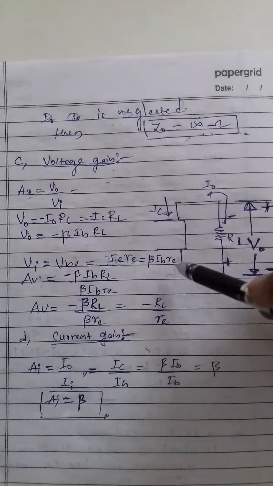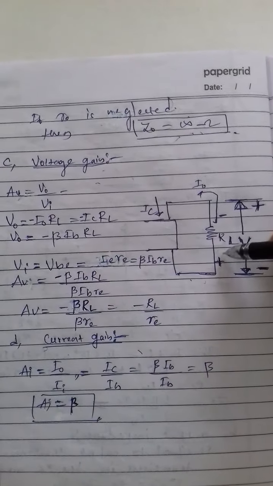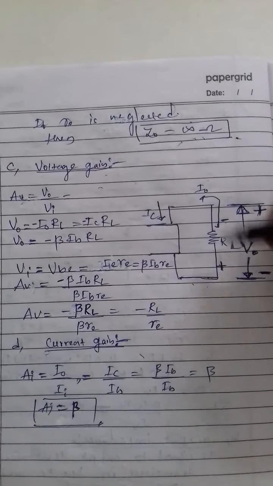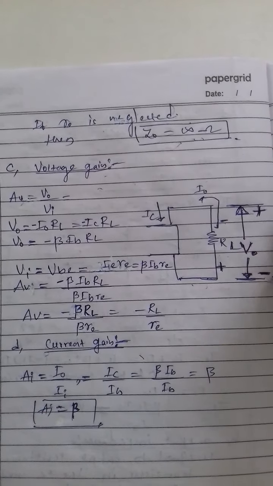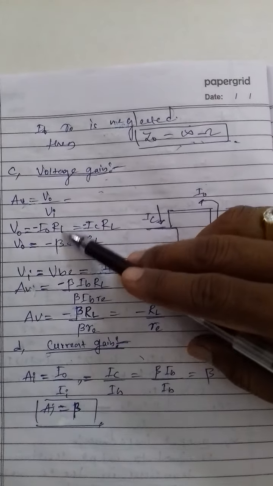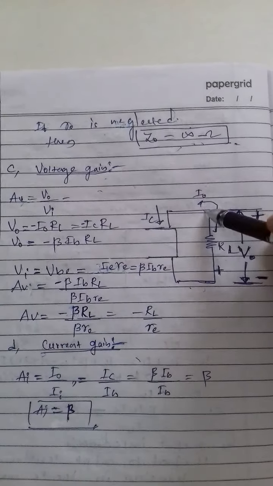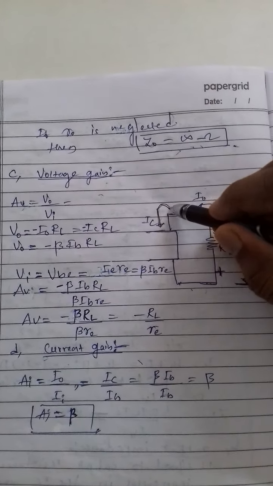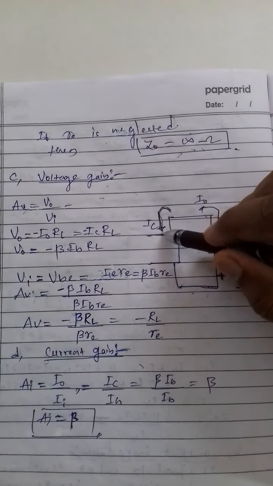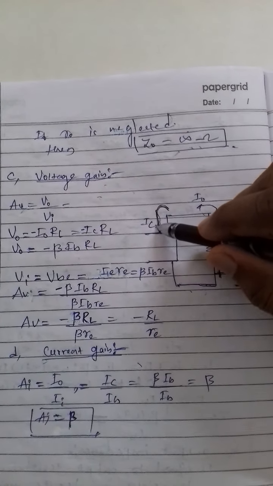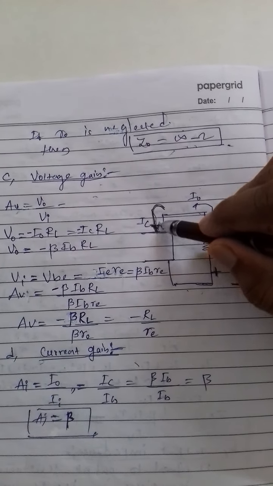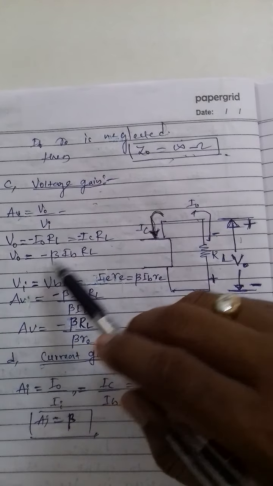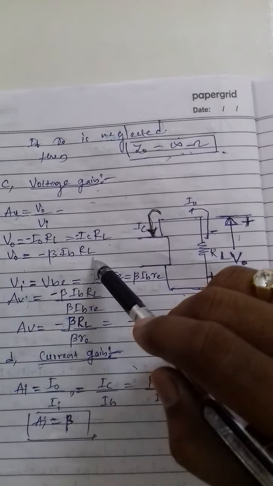The output voltage is minus Io RL, because here it is positive, this is negative, the direction of the output current. Minus Io RL is equal to minus IC RL, because the direction of the output current, that is the collector current, is in this direction. So the output voltage is minus beta IB RL.